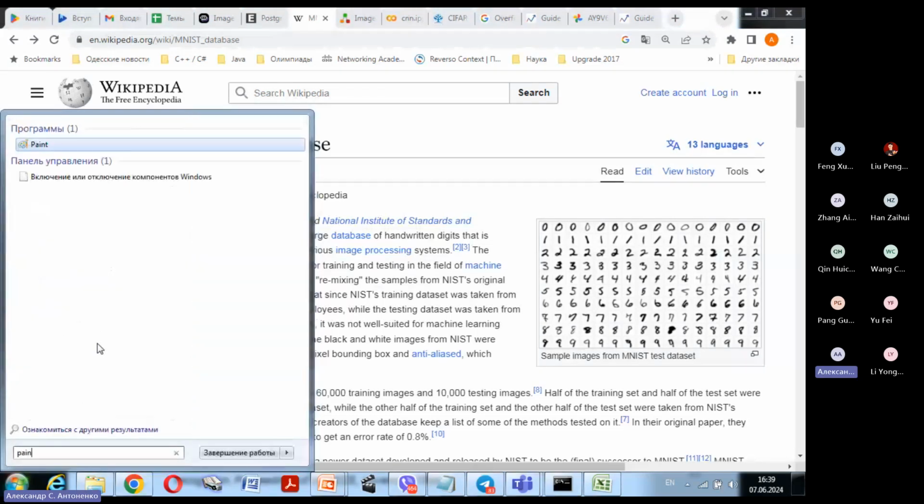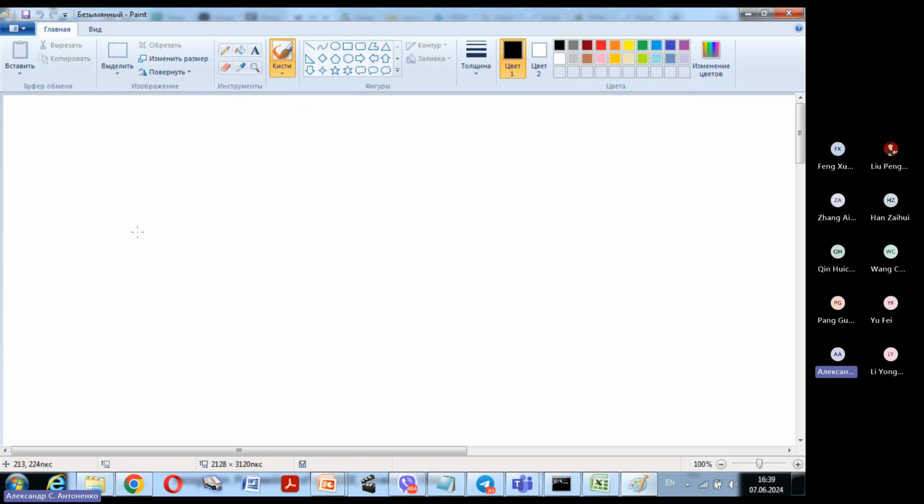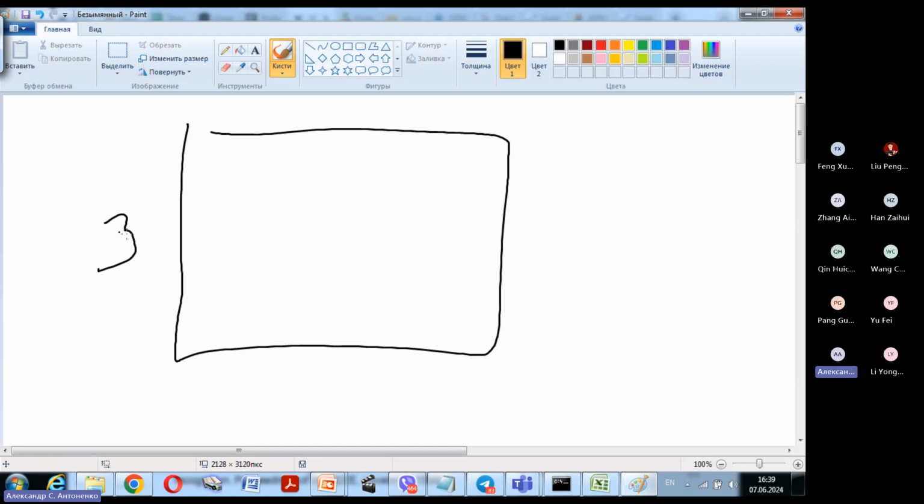I will draw it in Paint. When we have this matrix (32 by 32), we can place this filter from this to this.